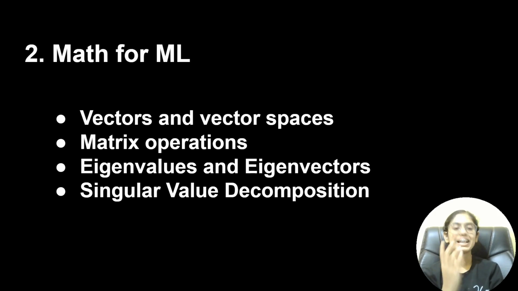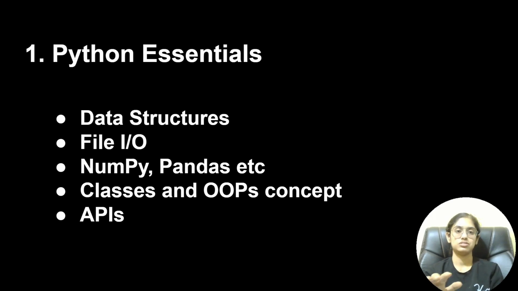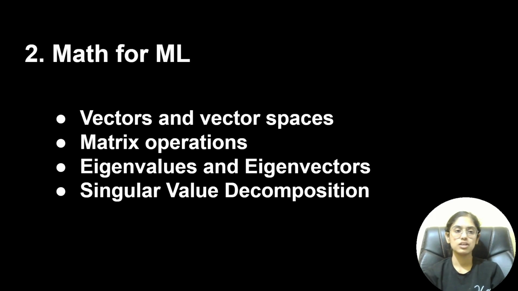Next is maths. As I said, Python is the most favorite programming language, and maths is what few people hate the most, including me. That's why I took commerce after my 10th. So, maths is everywhere. Even I don't know how maths has occupied each and every domain. If you go for quantum computing, this maths is a must. If you go for AI/ML, this maths is a must.